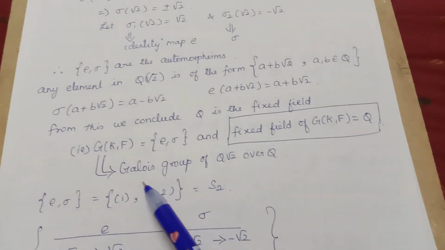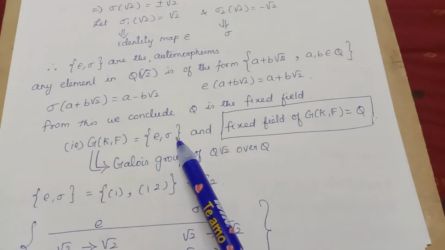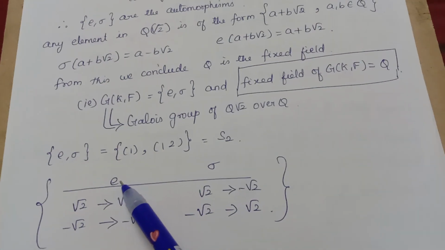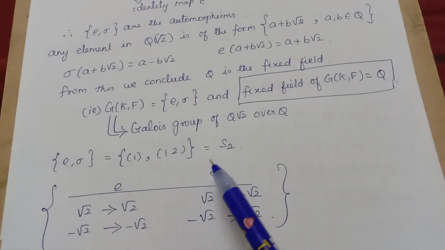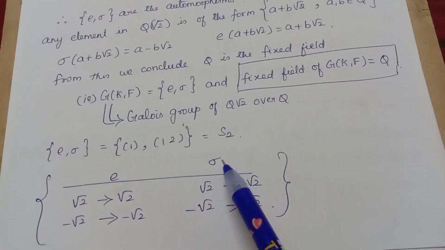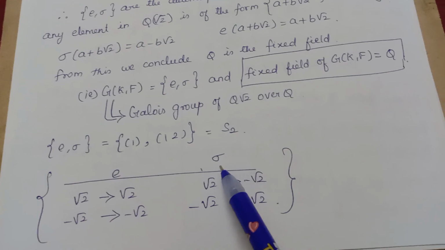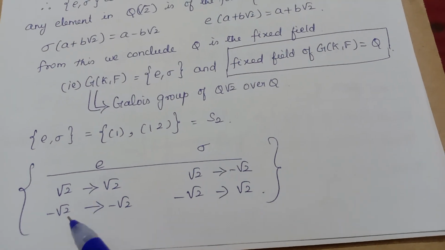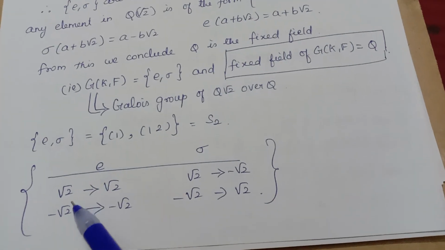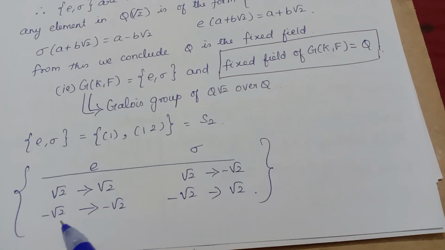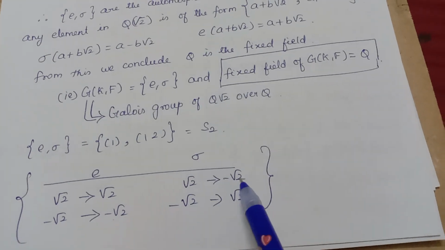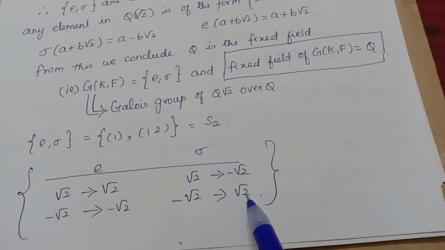Next one, the Galois group is there, no? That is {E, sigma}. How will you write this? See, E means identity map, and sigma. These two automorphisms are identified by stating how they act on the roots. What are the roots? One is plus root 2, another one is minus root 2. Under this identity map, plus root 2 goes to plus root 2 and minus root 2 goes to minus root 2. Under this sigma, plus root 2 goes to minus root 2 and minus root 2 goes to plus root 2.